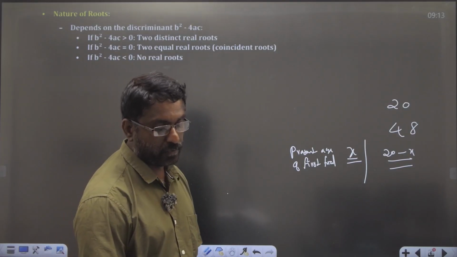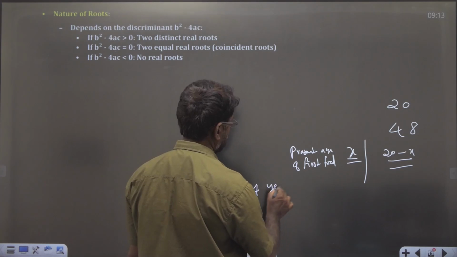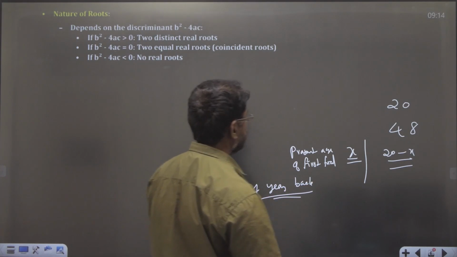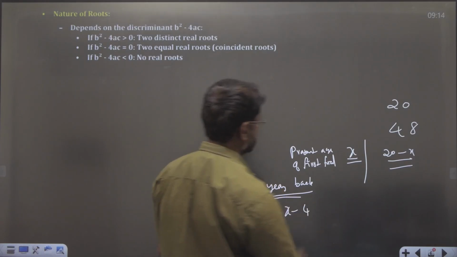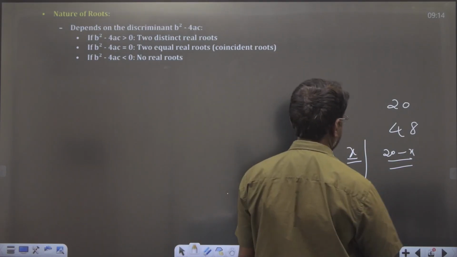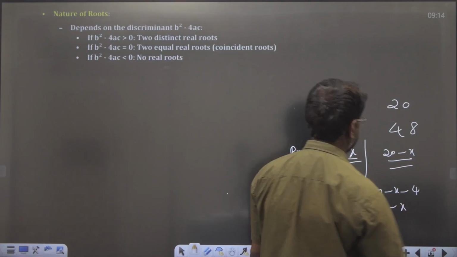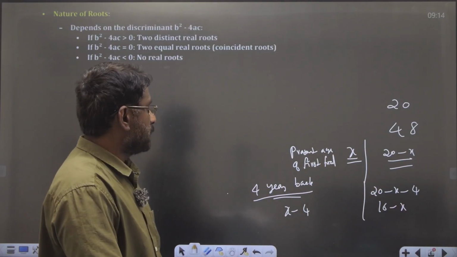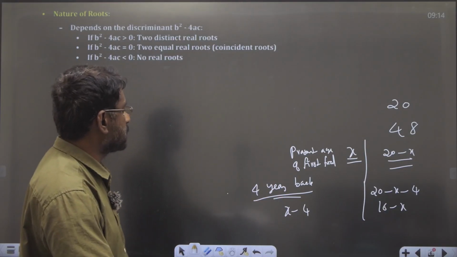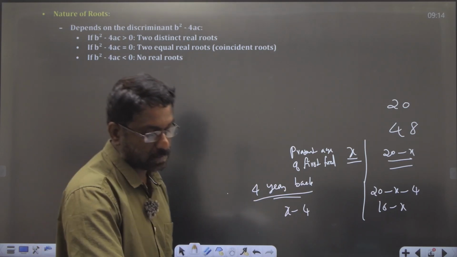Then 4 years back, the age of the first friend was x minus 4. The age of the second friend was 20 minus x minus 4, that is 16 minus x.